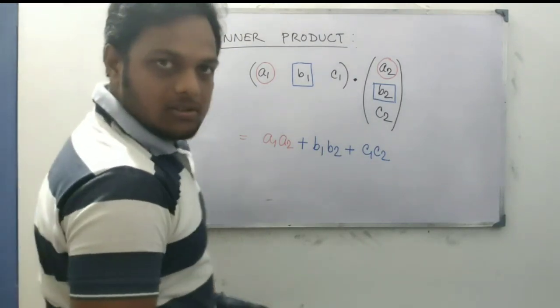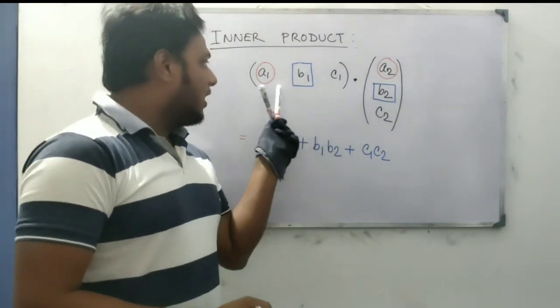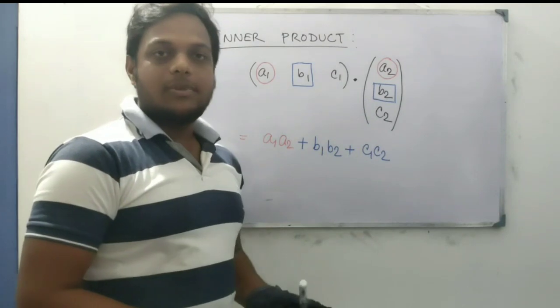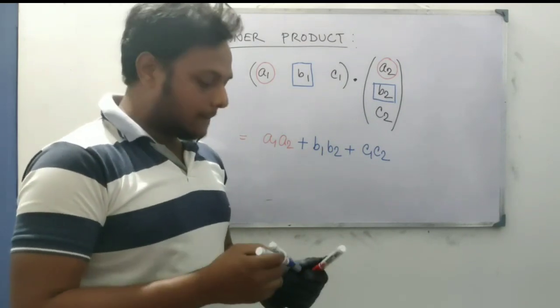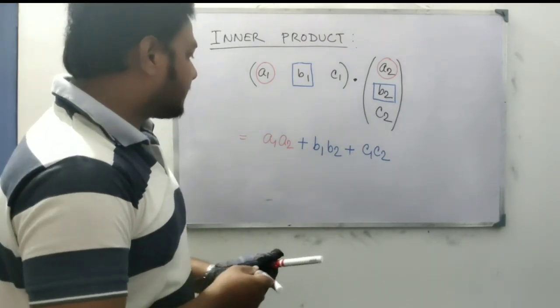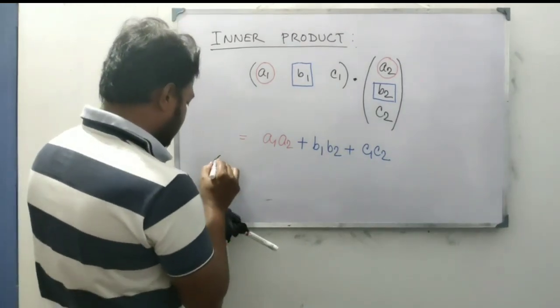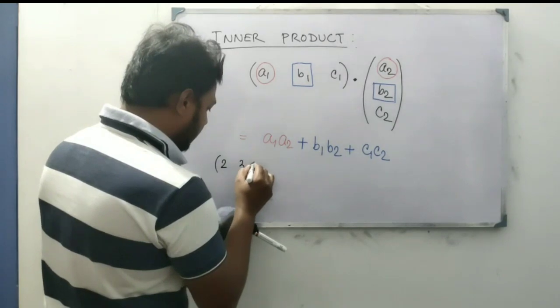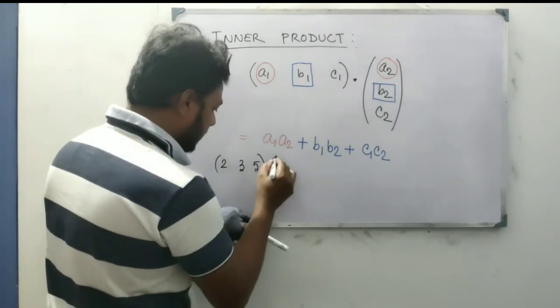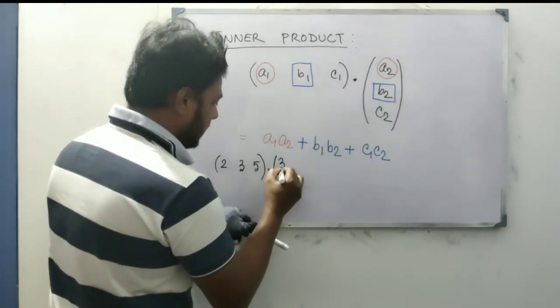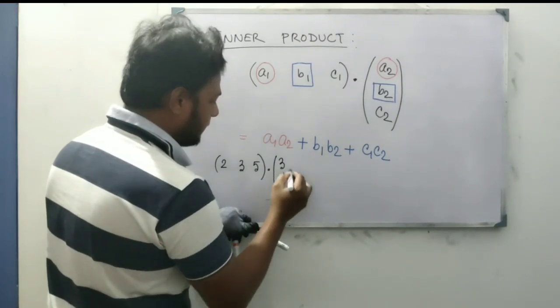So the inner product we can apply with a row matrix, and the other one must be a column matrix. Clear? As an example, suppose I am considering 2 3 5 dot 3 1 0.